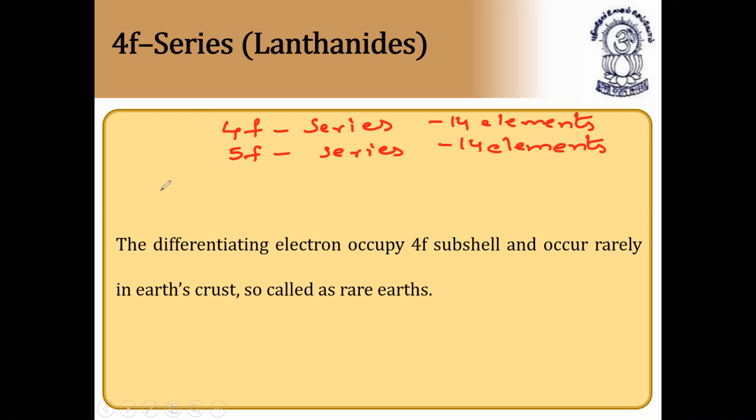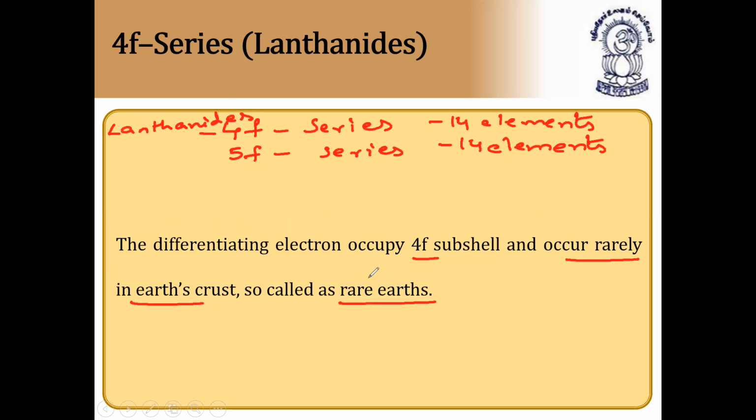In the 4f series, the differentiating electron occupies the 4f subshell, and these elements occur rarely in the earth's crust, so they are called rare earths. So the 4f series is called what? Lanthanides. These are called lanthanides, and these are also called rare earths.